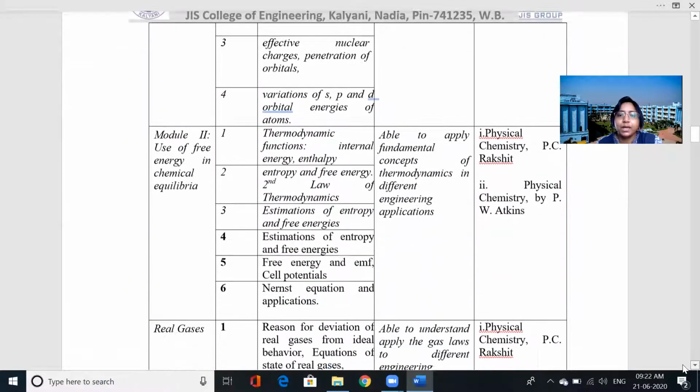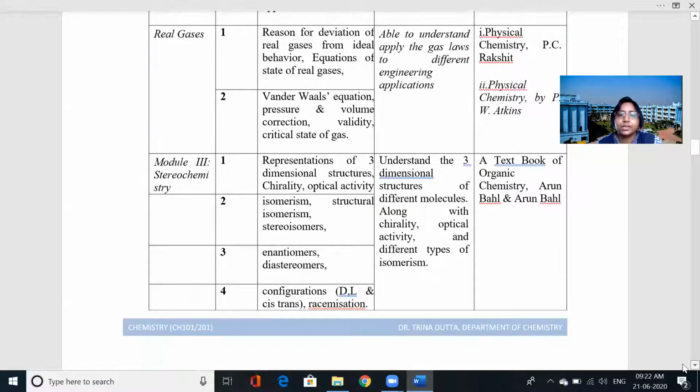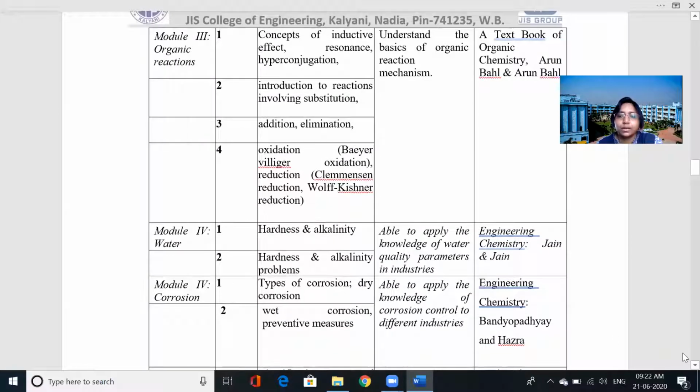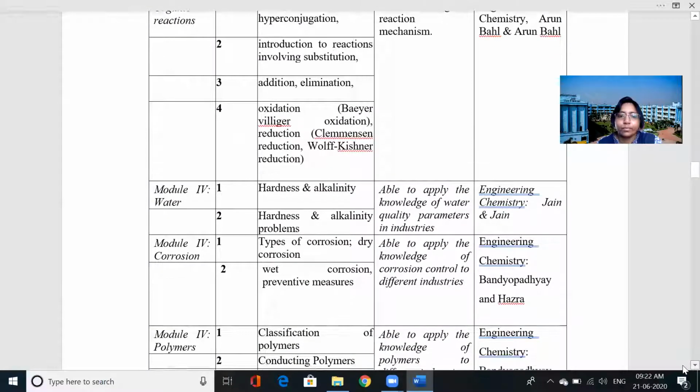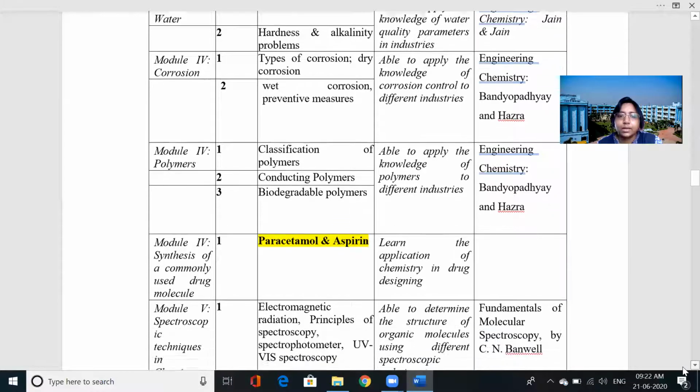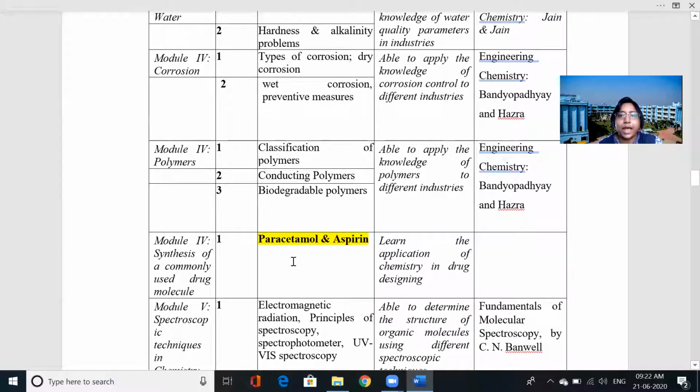Today I will cover module 4, synthesis of commonly used drug molecules. This is paracetamol and aspirin. I will tell about paracetamol and aspirin, and you will learn the application of chemistry in drug designing.